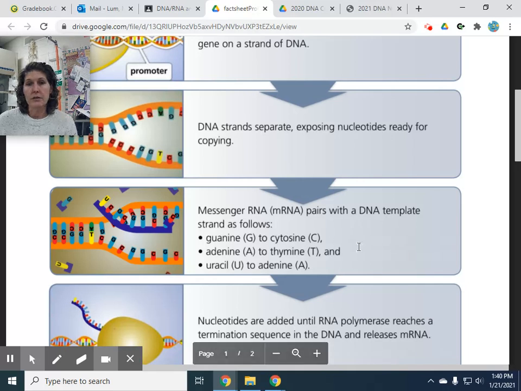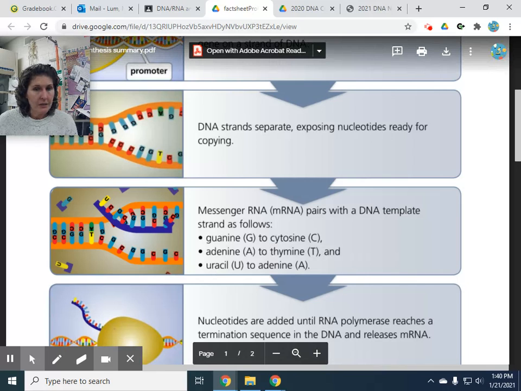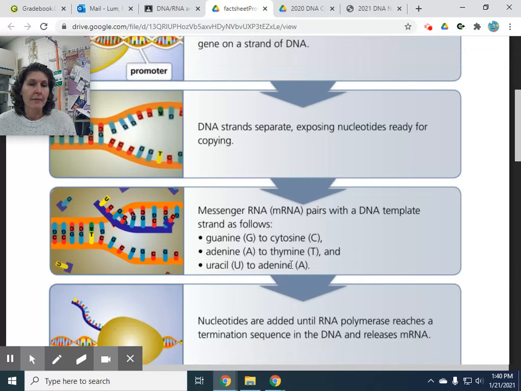So guanine goes to cytosine, adenine to thymine in DNA, but adenine in messenger RNA will pair with thymine in DNA, and uracil in messenger RNA is going to pair with adenine. So in DNA you have adenine, thymine, guanine, cytosine; you will never have thymine in any of your RNAs, transfer RNA or messenger RNA.